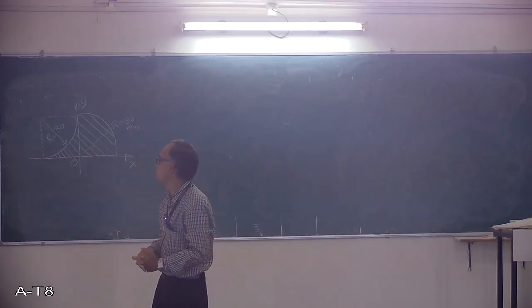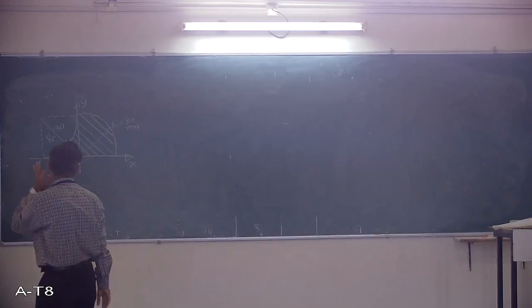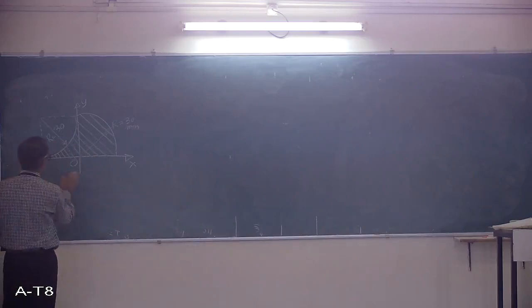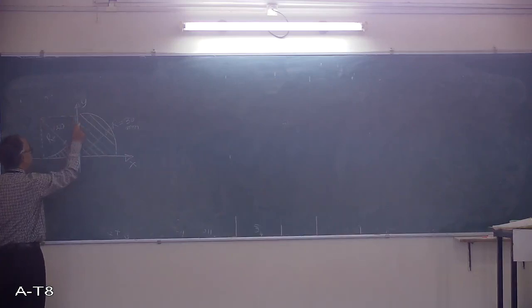Now I give the values for this one; you try it at home. This is the first figure, the square is the second figure, minus the quarter circle, that is the third figure.